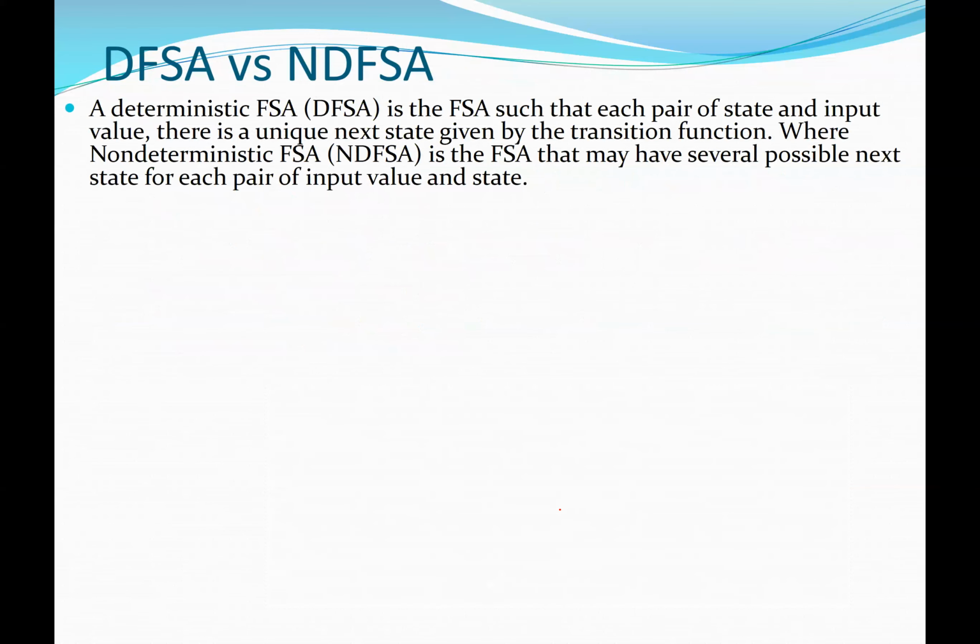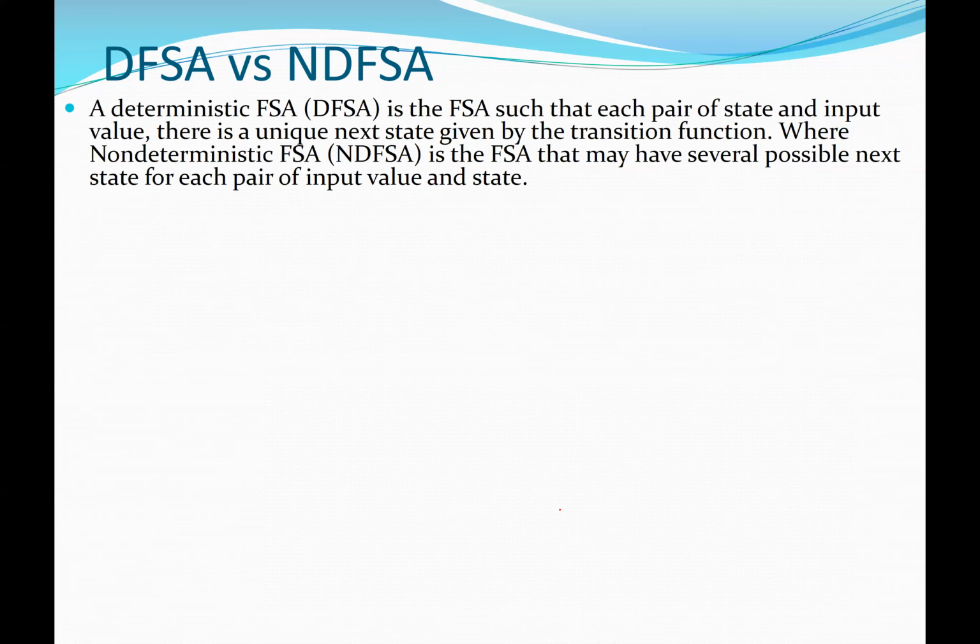And here we have deterministic FSA and non-deterministic FSA. What we learned so far is the deterministic FSA. The non-deterministic FSA is the one that has several possible next states for a pair of input and state. I mean that you can send 0 to S1, 0 to S2, and then 0 to S3.